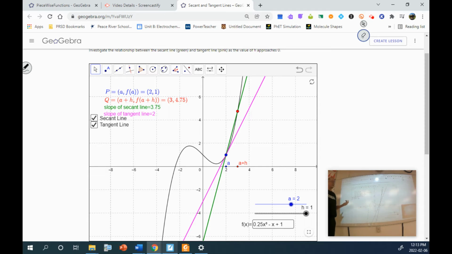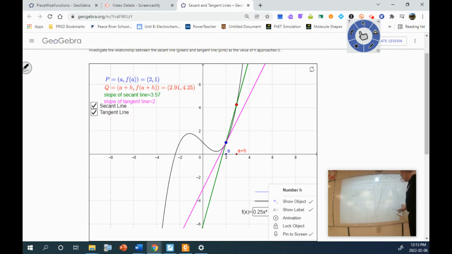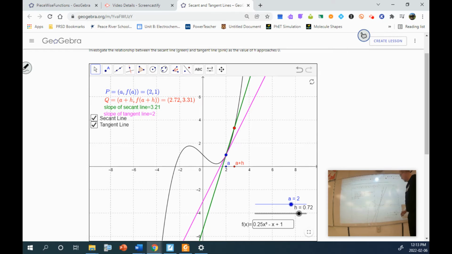Now, how do we use the idea of our secant line and our tangent line to help us? Well, we talked about this a couple days ago. What happens as my graph gets closer, as my point, my x value here gets smaller and smaller?